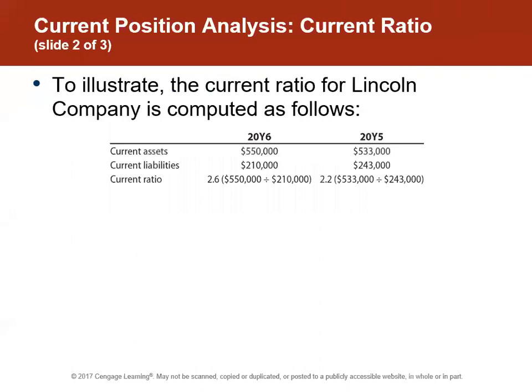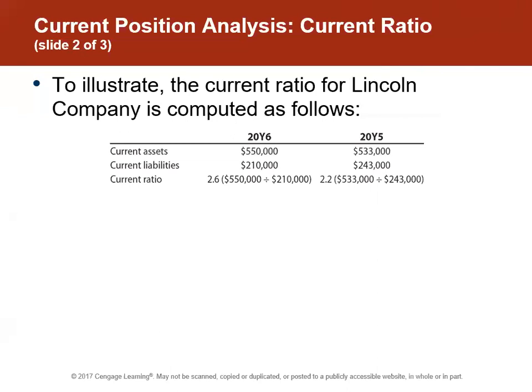So we would take current assets of 550 divided by current liabilities of 210. These are not expressed as percentages. It's just a current ratio of 2.6. It means we have 2.6 times more assets than liabilities. So you can see the higher this ratio is, the more attractive it is, because we have more current assets relative to current liabilities. If this were a negative number, we're probably not going to get any short-term credit.